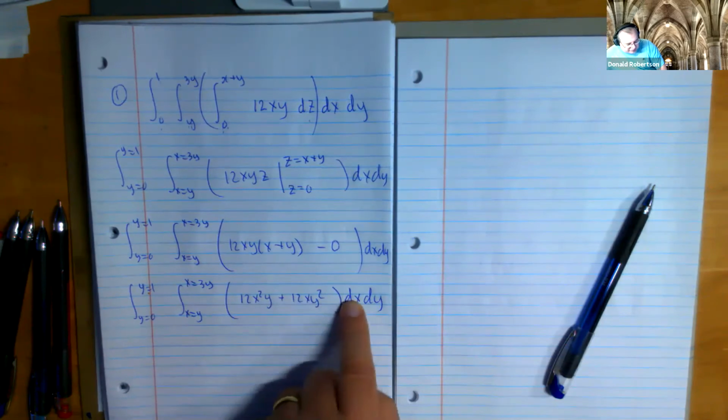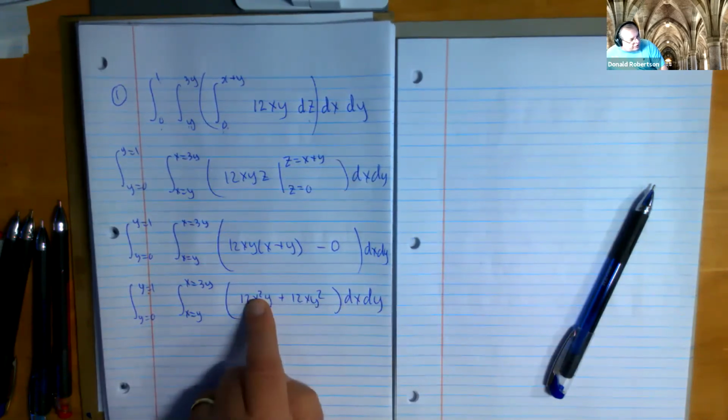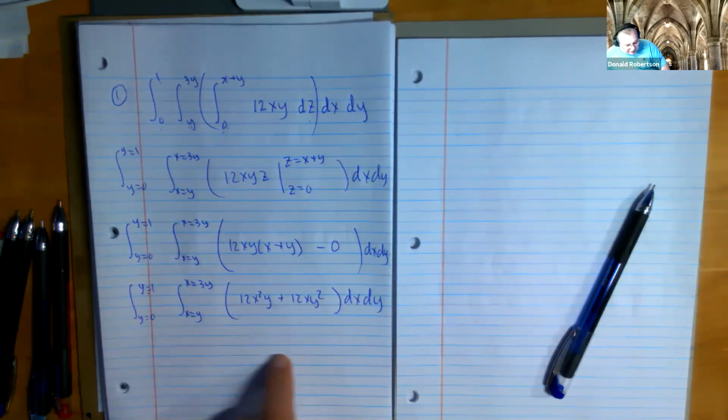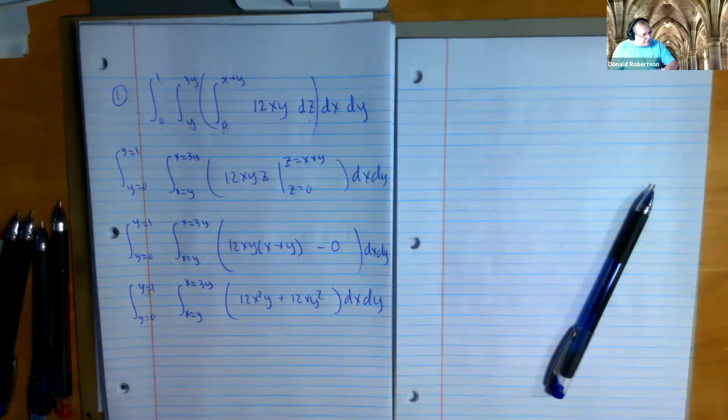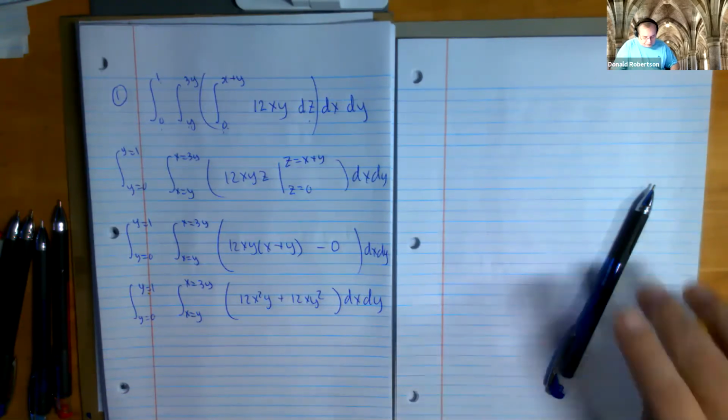I'm about to integrate this with respect to x. So when I'm finished, shouldn't the thing that is left only have y's in it, no orphan x's, right? Every time you do an integration, doesn't one of the variables disappear in the integration process? And so you may start off with 3 variables, and then you get 2, and then finally you only have 1, and that'll be you finished.